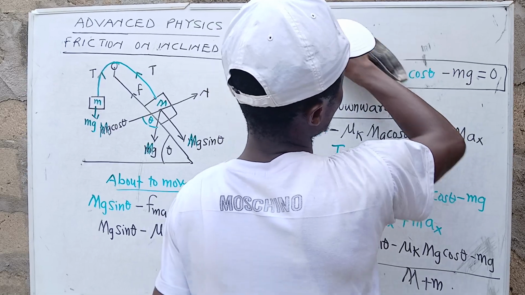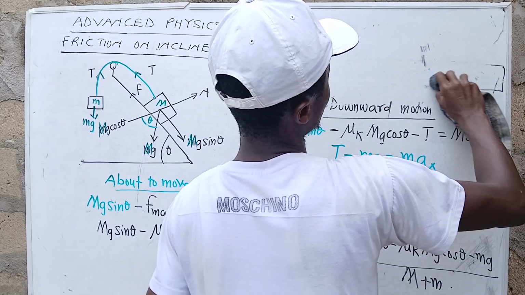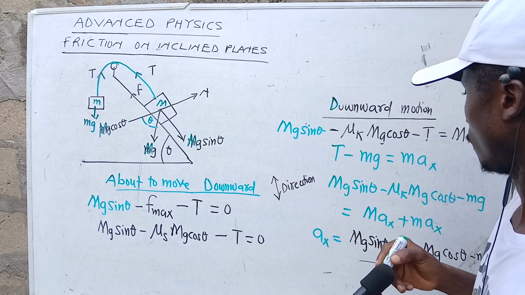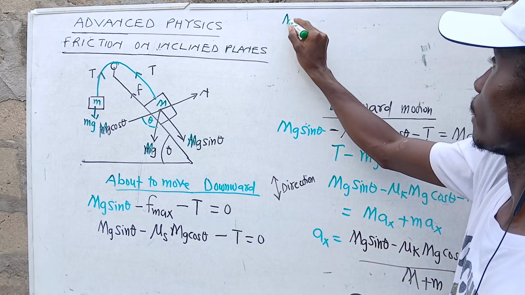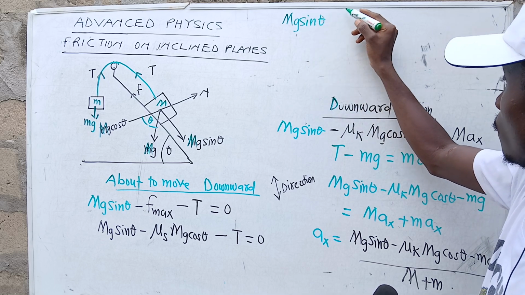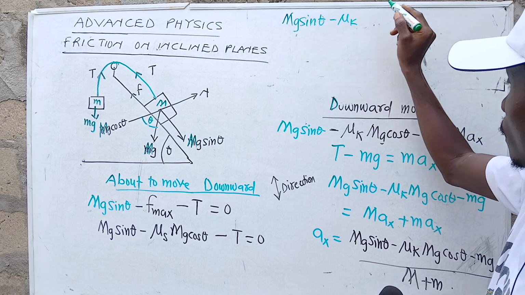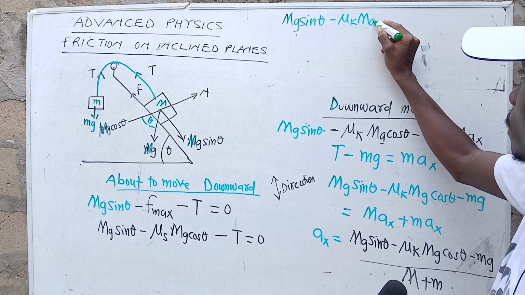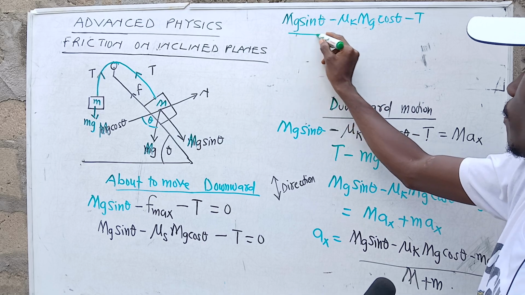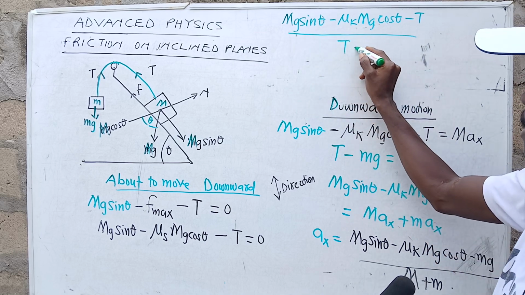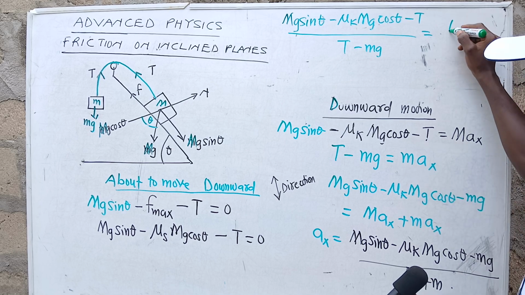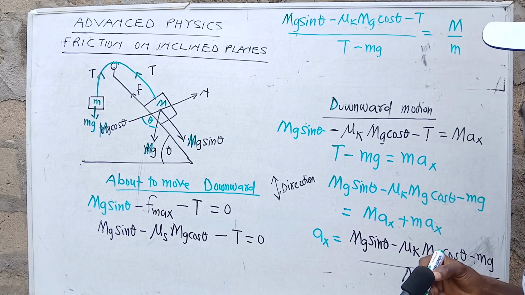So for the tension, dividing the two equations, you have capital Mg sine theta minus mu k capital Mg cosine of theta, then minus T, divided by the whole of this, T minus mg, would be equal to capital M over small m.